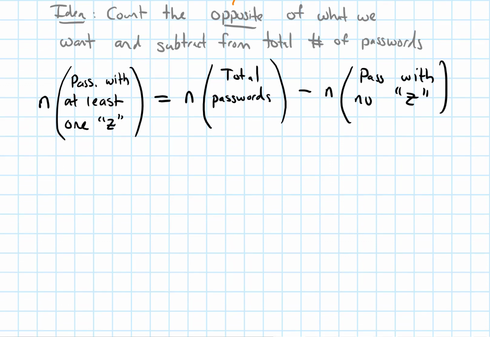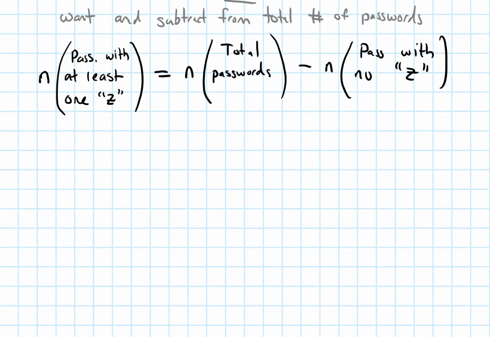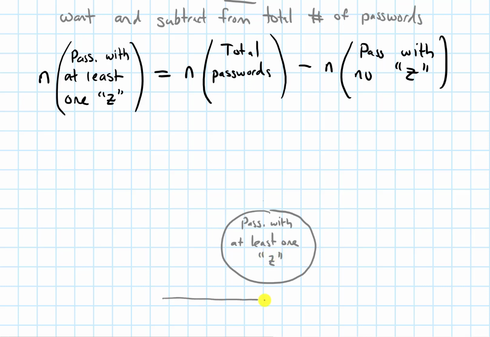So visually, if I think about this in terms of a Venn diagram, there's this set that we're interested in. So I'm going to let this circle represent the passwords with at least one Z. So we're interested in counting this. And these live inside a universe, U. And U represents the set of all passwords.